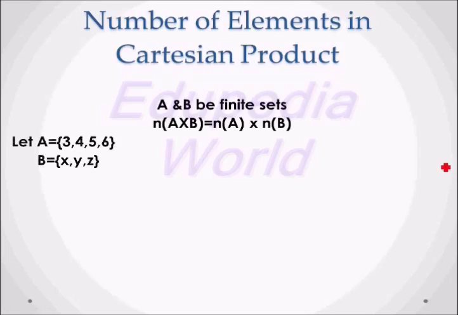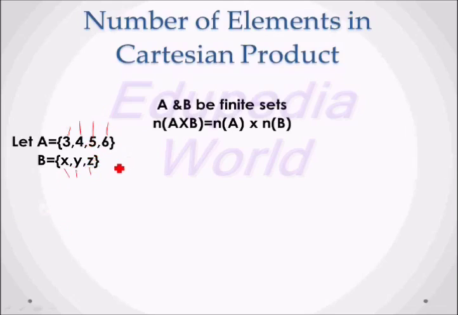Let A equal the set {3, 4, 5, 6} and B equal the set {x, y, z}. So n(A) is 4 because the number of elements in set A is 4. Similarly for B, the number of elements is 3.